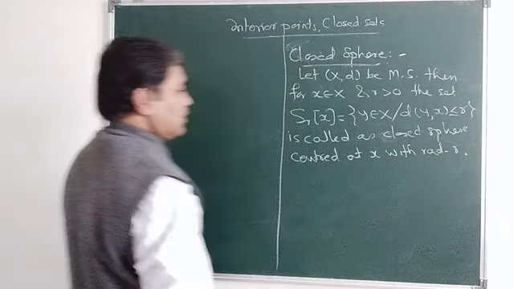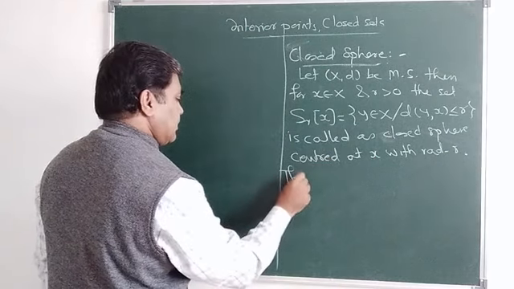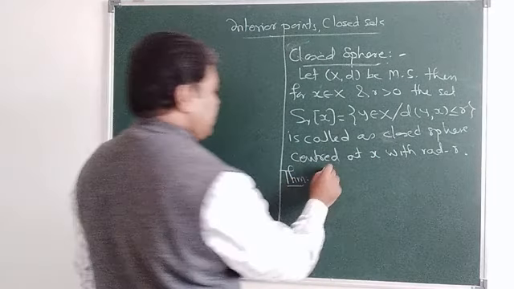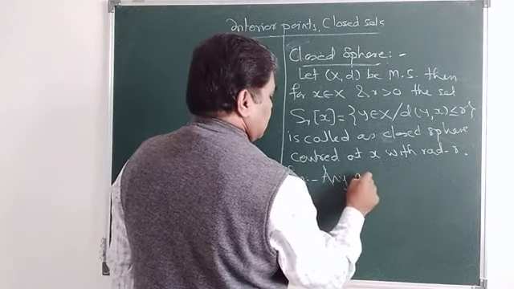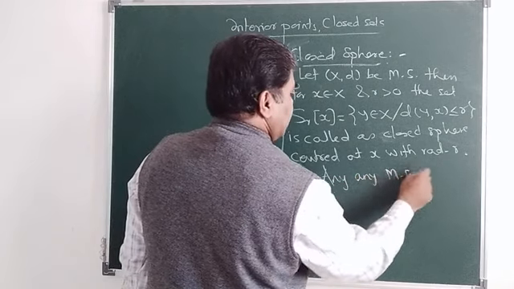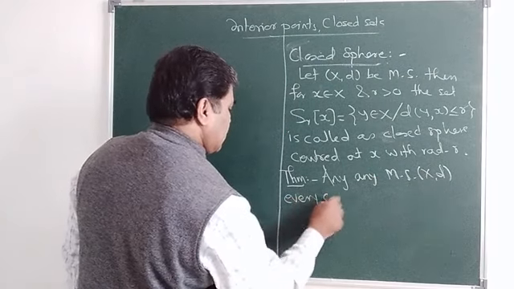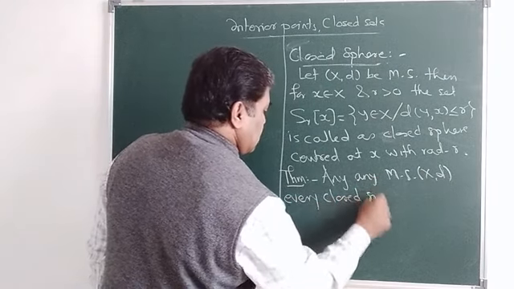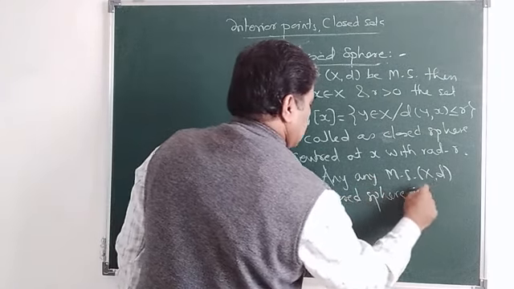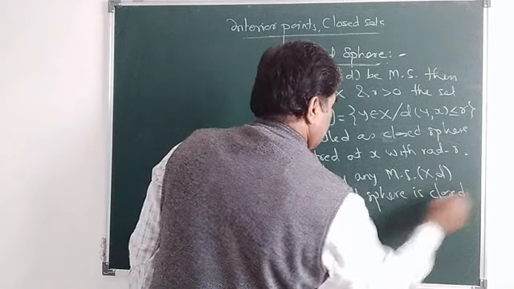With radius r. So we'll prove that in any metric space (X, d), every closed sphere is a closed set.